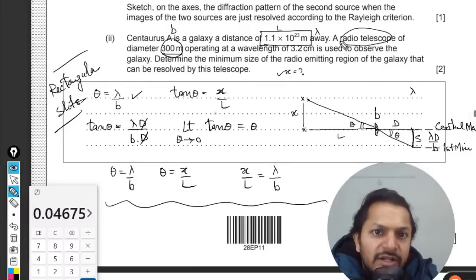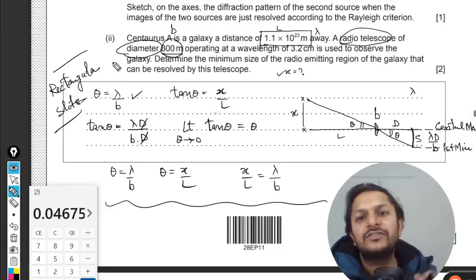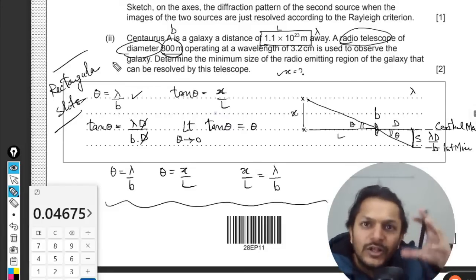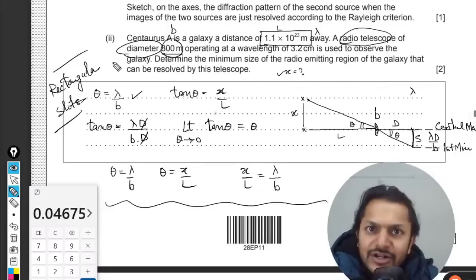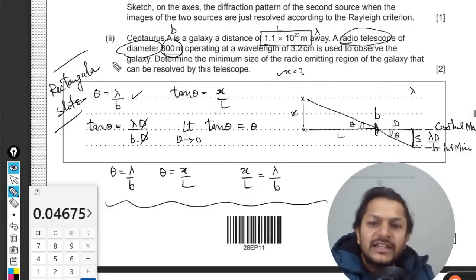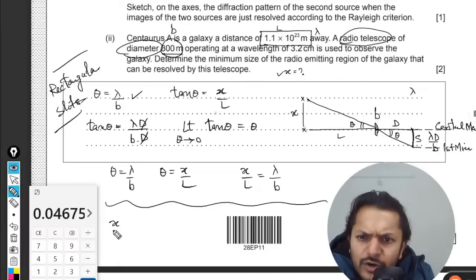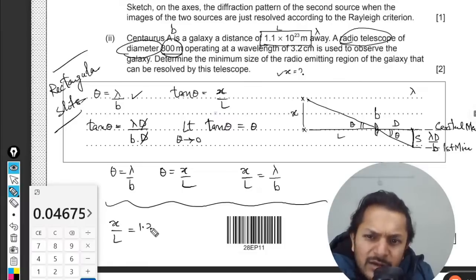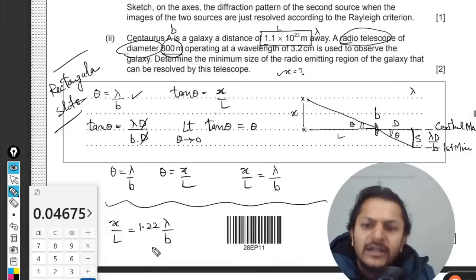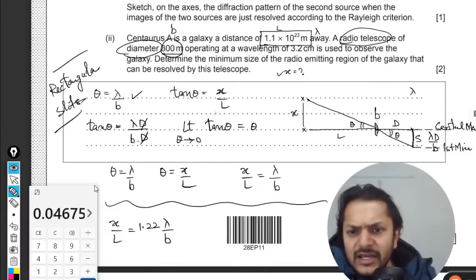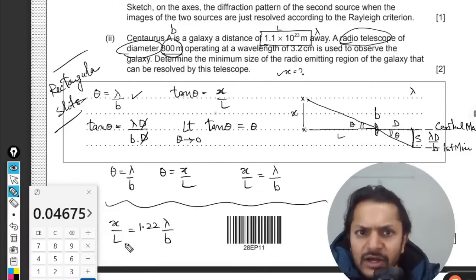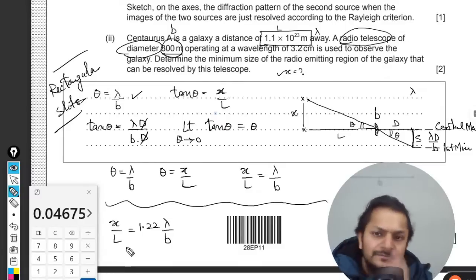The radio telescope diameter is given 300 meters. It means it is a circular aperture, not a rectangular aperture. So the formula is not valid. So how to make it valid? There is a constant that has to be multiplied. So our overall formula becomes 1.22 lambda divided by b. That's it. And from this formula, we can find the value of x.